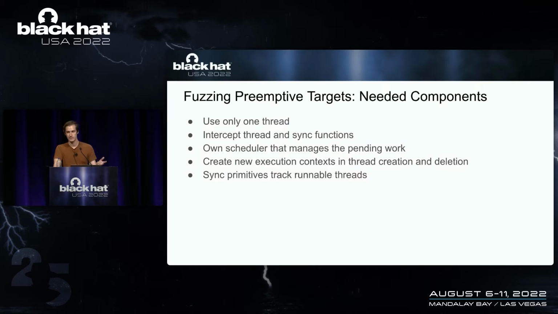The mutexes and sync primitives will interact with the scheduler and let it know my thread's blocked waiting for this other thread to finish. And so if we have these components, we can at least encapsulate all the things related to multi-threading, and then we can just make this deterministic just for testing. So far, nothing new here.